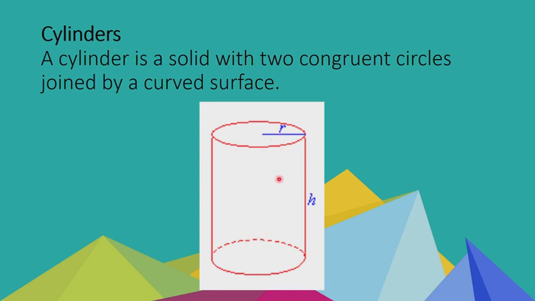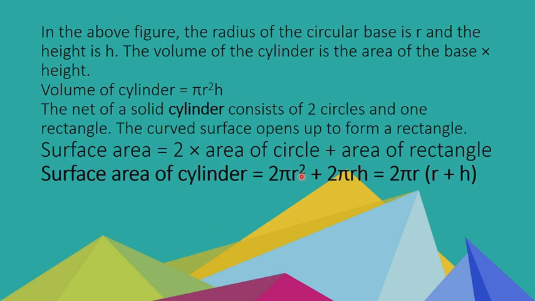So the volume of the cylinder is h times this area of the circle, that equals pi r square h. Like this we can find the volume of the cylinder. And next, surface area equals 2 into area of circle plus area of rectangle.